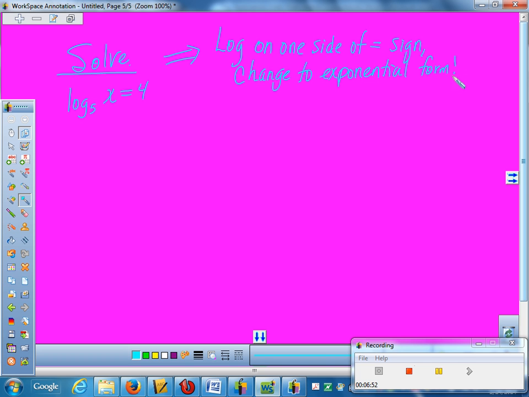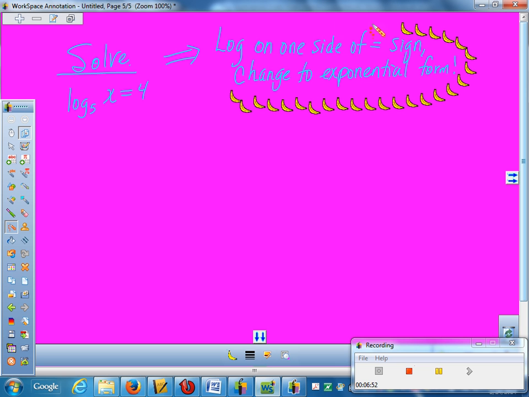That's another one of those big deal critical things. It's in your journal somewhere too. So, when I say change it to exponential form, in this case, I mean ask yourself, which number is the base?